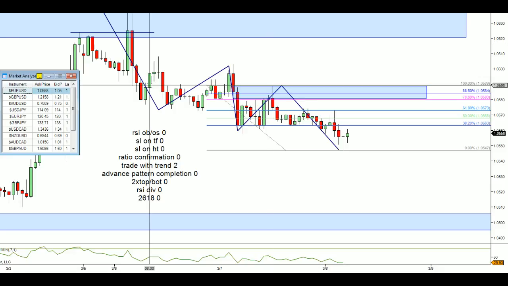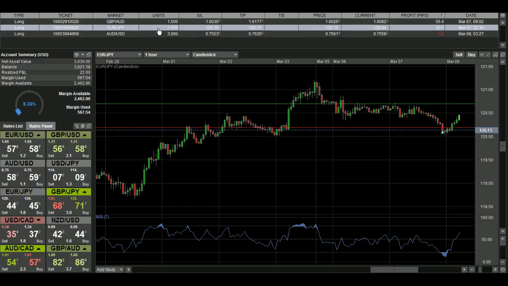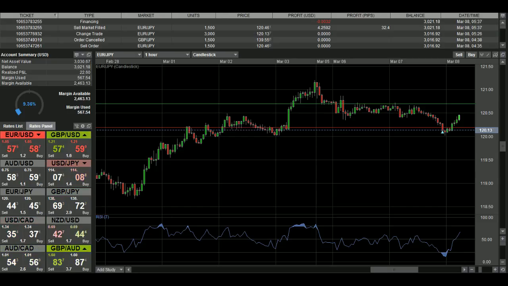While that's loading, I'm going to check my trades, make sure that one didn't, or see if it did hit. Okay, yes. So euro yen did hit target one. Update my trades. So plus 32 and a half.